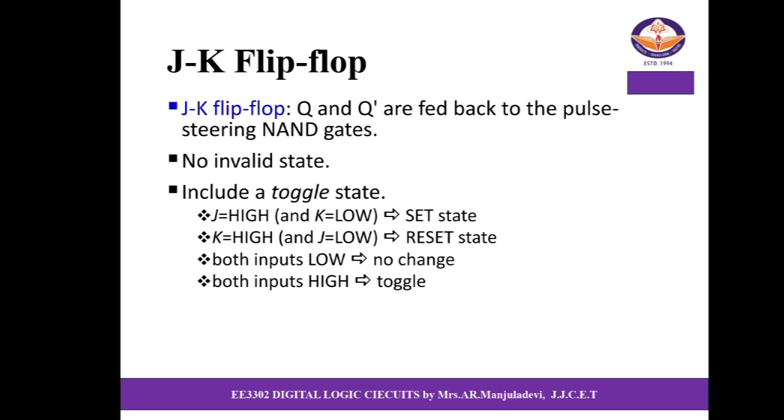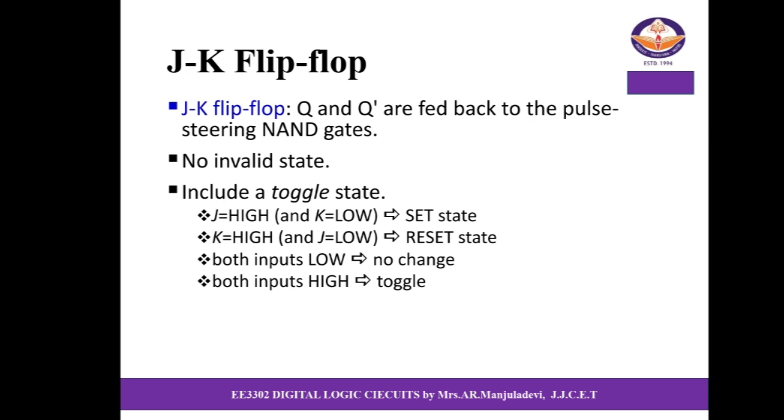Next, JK flip-flops. In JK flip-flops, Q and Q bar are fed back to the pulse steering NAND gates. It has no invalid state and includes a toggle state. When J is high and K is low, it is in the set state.